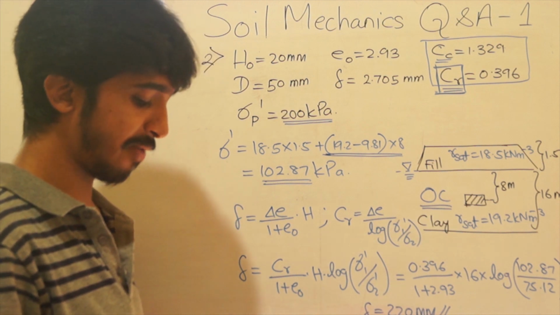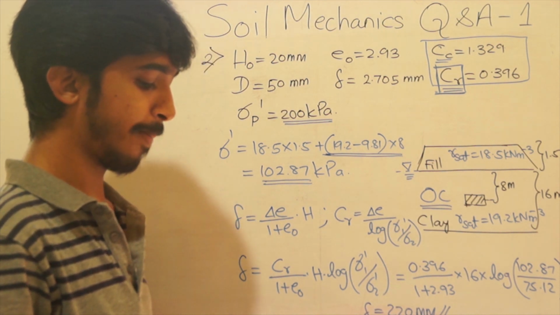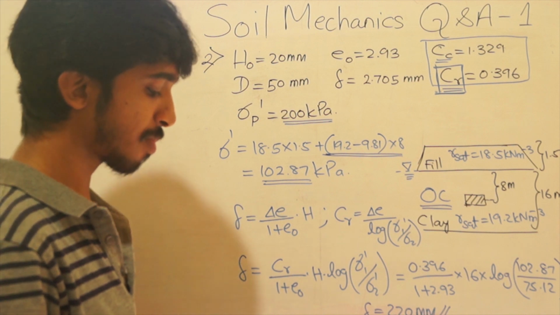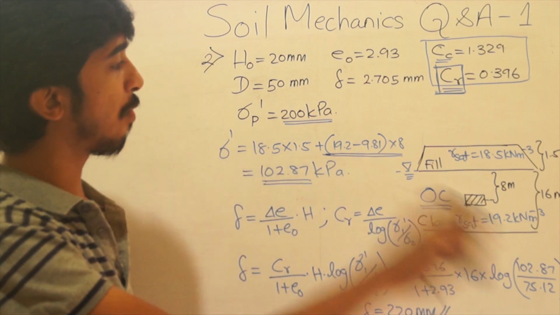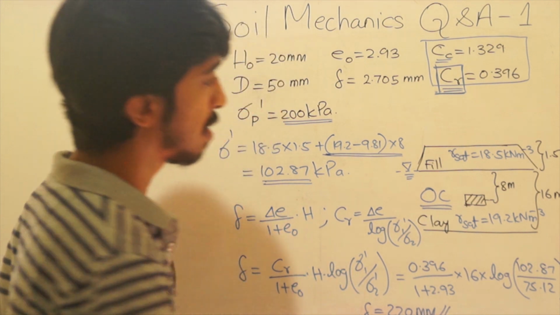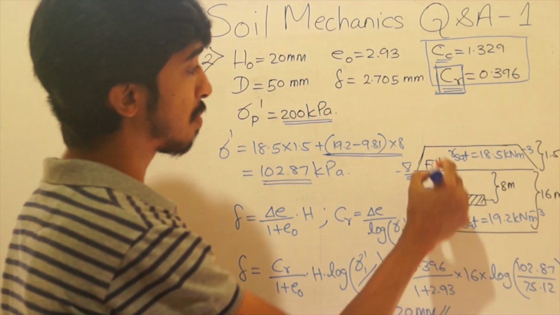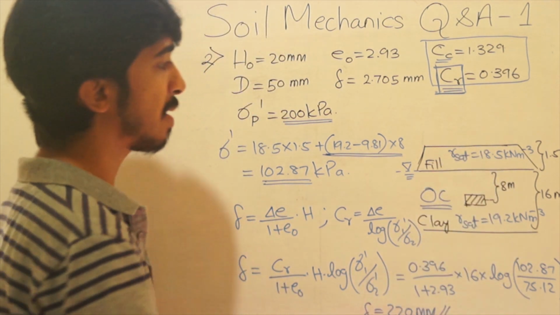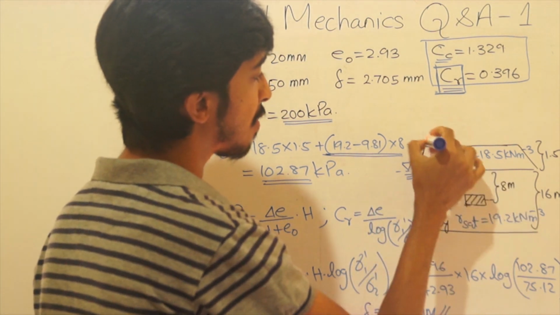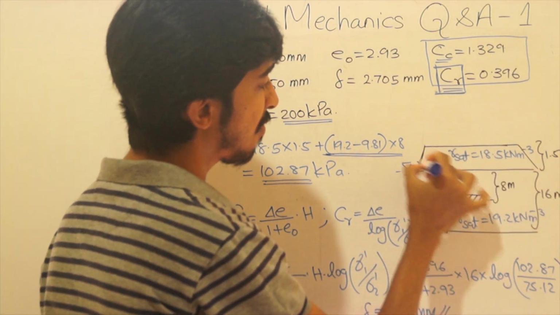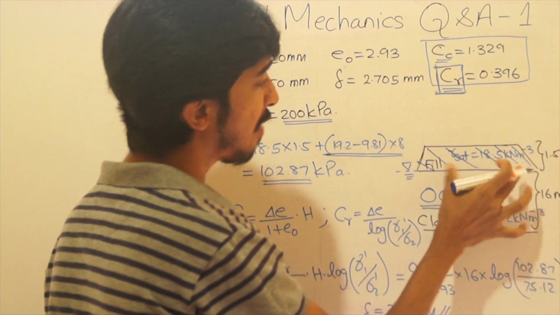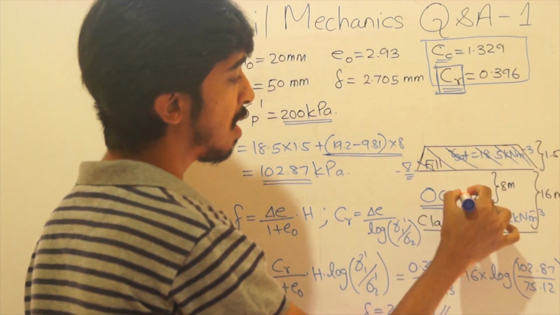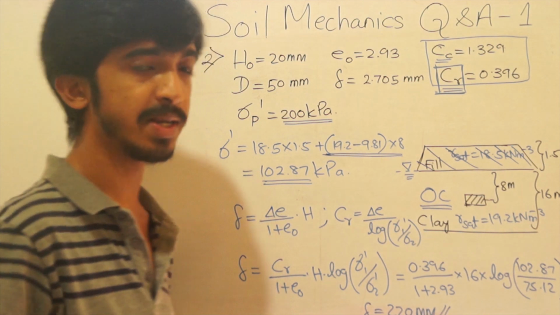Here it is a bit different one. In this question we have to note a major thing, that is the fill here. The fill we are using here is comparatively very large, infinitely large compared to the sample we are considering.